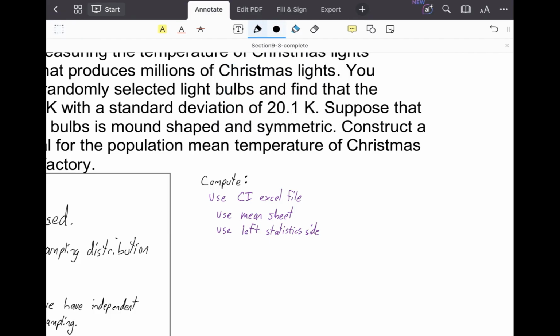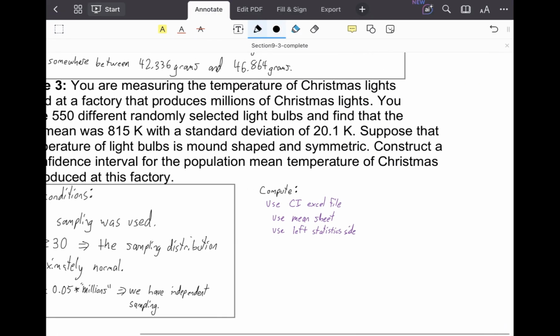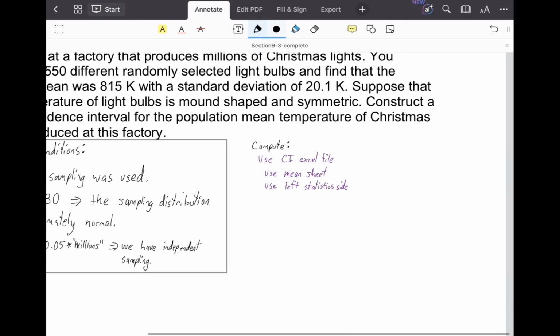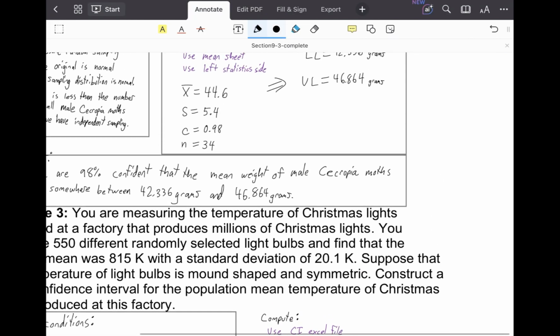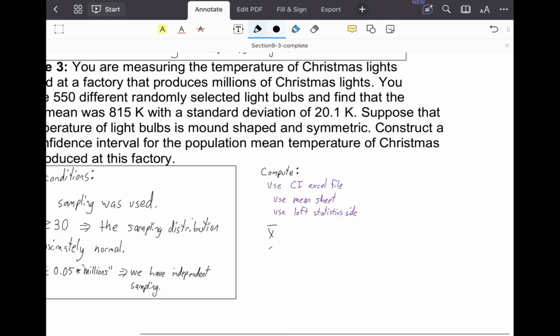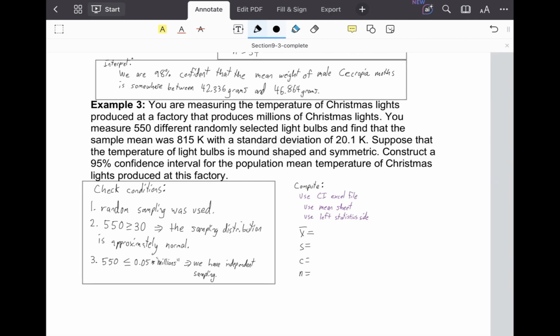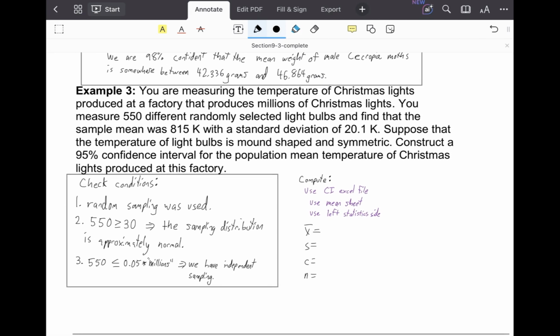We're looking at the confidence interval for the mean, and we need X bar, S, standard deviation, C, and N. So we need to identify those four things.